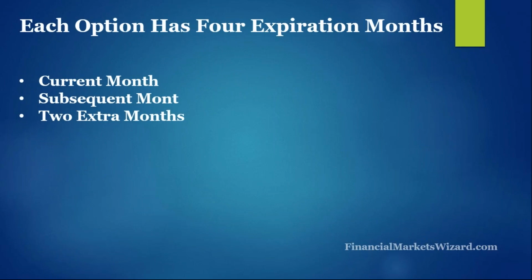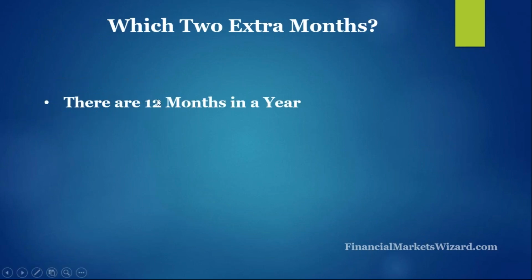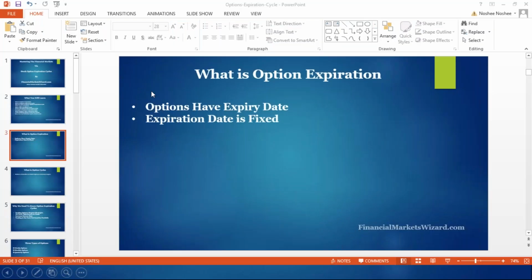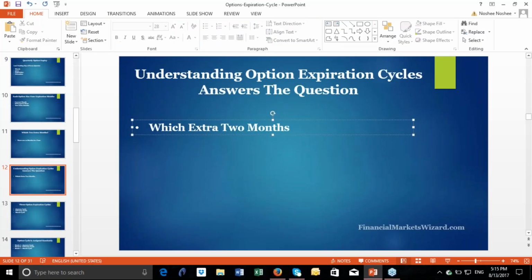Now, if you look at the option chain, you will see that each option has 4 expiration months. If you expand the option chain, first you will notice that there is a problem here. Just a second.